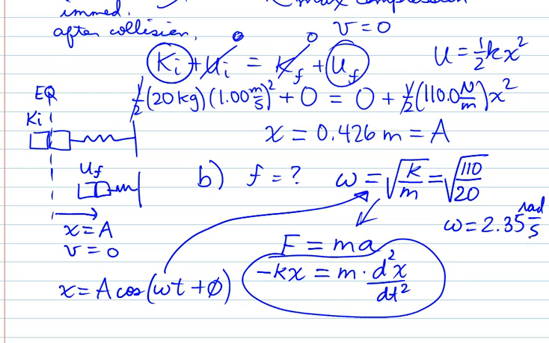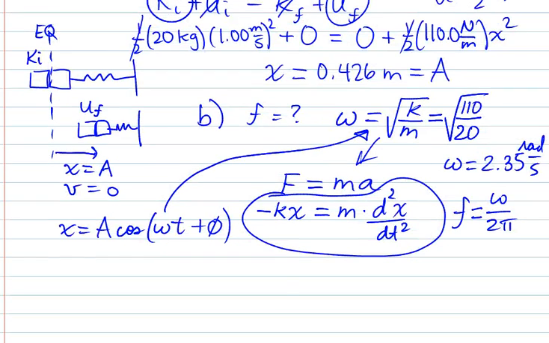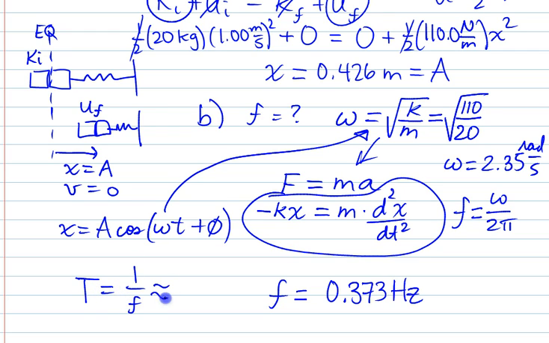To convert that into frequency, we remember that frequency is omega over 2 pi, and this gives us a frequency of 0.373 hertz. Of course the period is 1 over that frequency, so the period is 2.68 seconds.